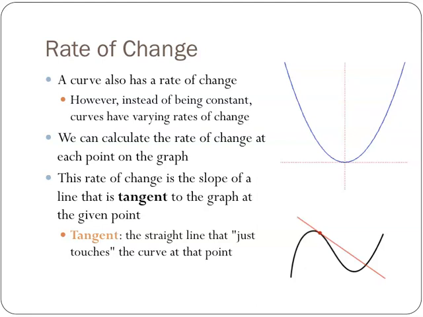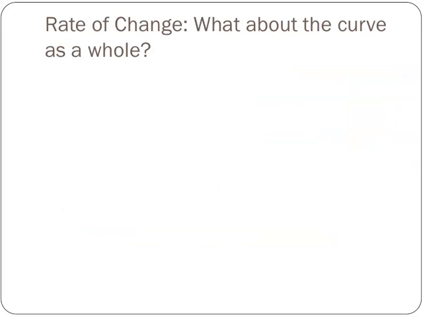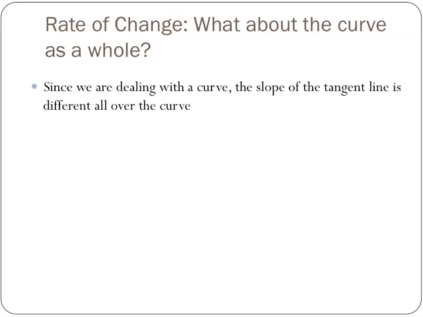Well, we have to think about this as a whole. We have a curve that's defined by some function. And so the slope of the tangent line is going to be different if you are at a different place in the graph, if you have a curve where that rate of change does change.